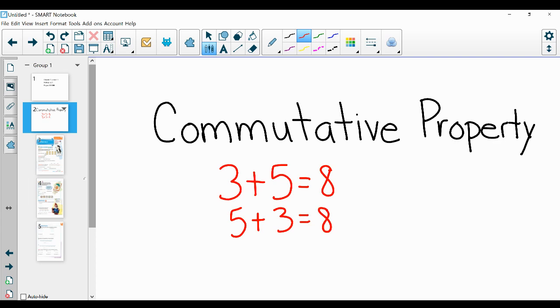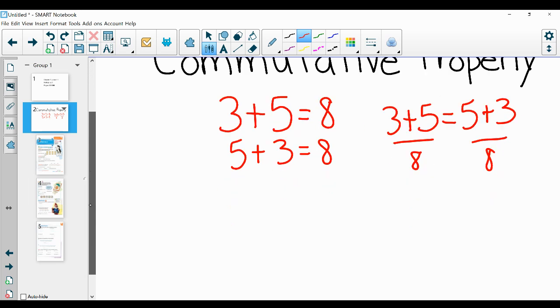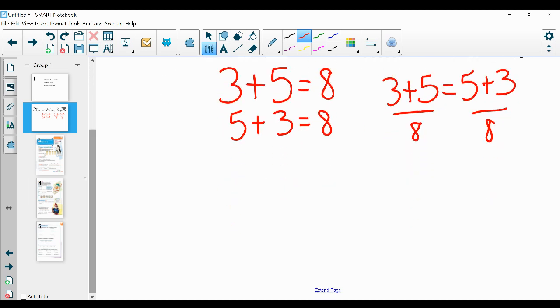We can also show it this way. 3 plus 5 is the same as 5 plus 3 because we know that this one equals 8 and that one equals 8. All right, so commutative property of multiplication works the same way. If you have 2 rows of 4, that equals 8.